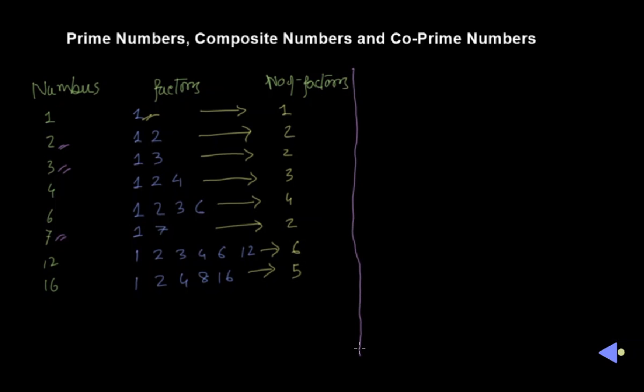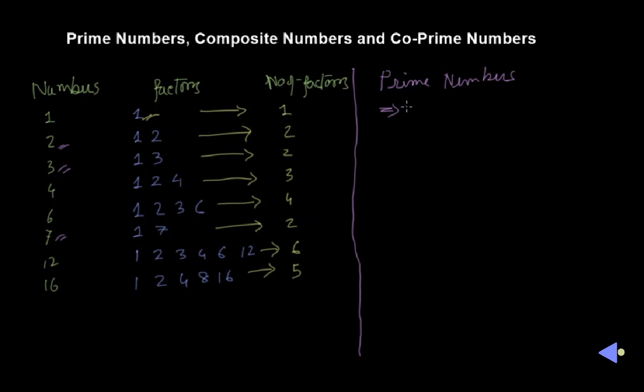Let us discuss the prime numbers. What are those numbers from that set? A number is a prime number if it has only 2 factors, 1 and the number itself. Here, in case of 2 we have only two factors, 1 and 2.